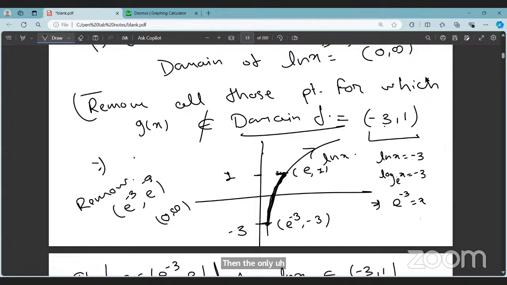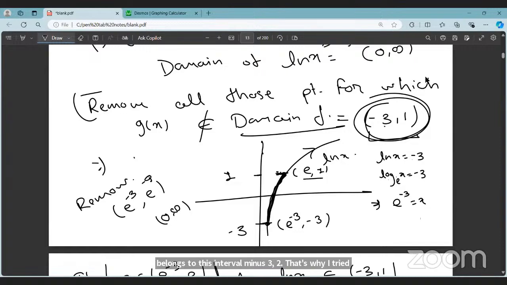If ln of x does not belong to this interval minus 3 comma 1, then f won't accept that as its input. f will only work when my ln of x belongs to this interval minus 3 to 1. That's why I try to find out, because the ln of x graph looks very simple. If you find the value of x where it gets the value minus 3, and the value of x where it gets the value 1, then all other points actually lie between them.